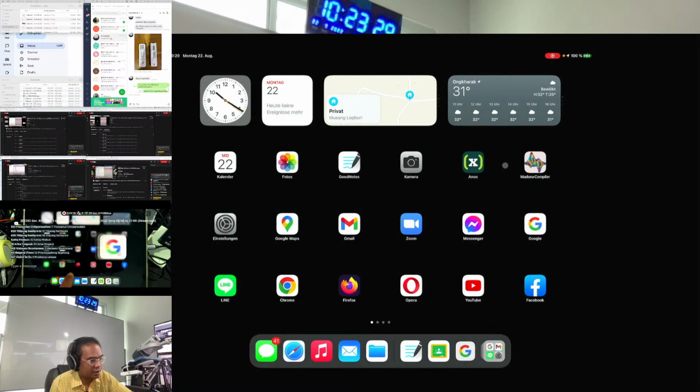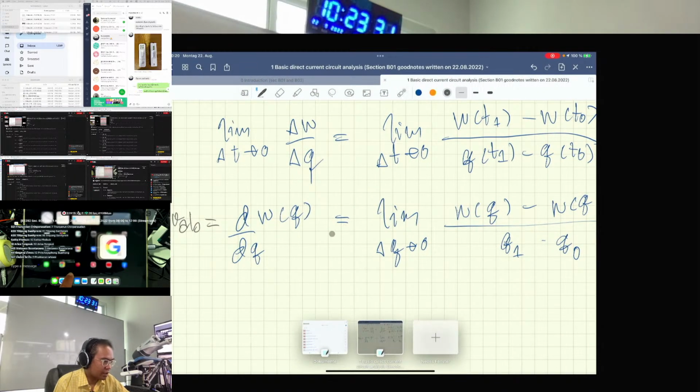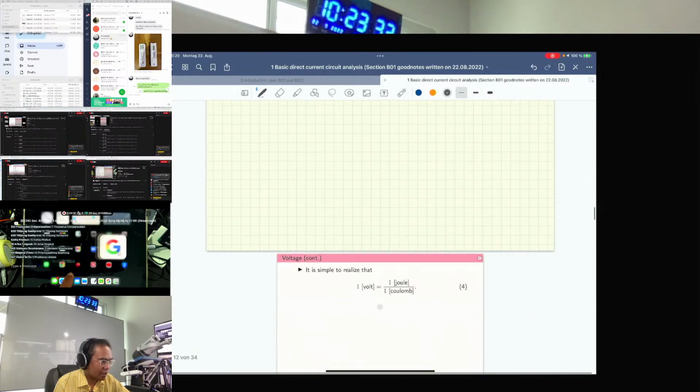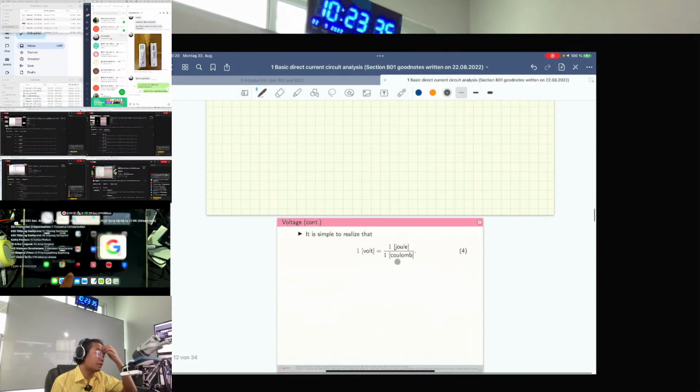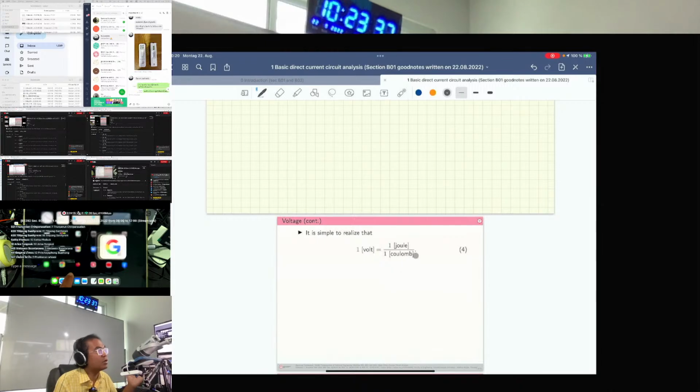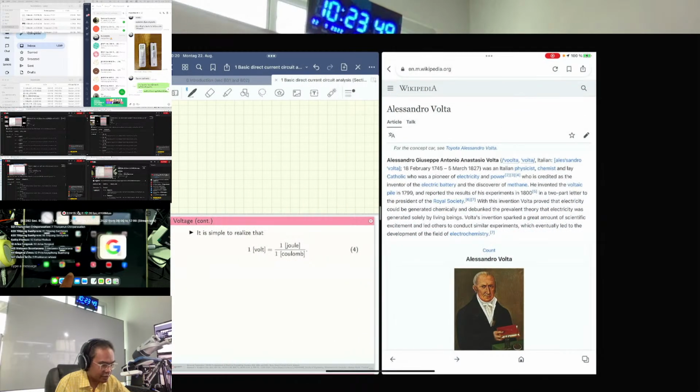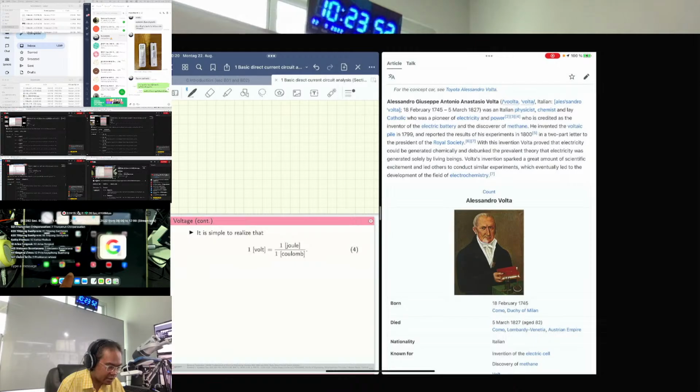Yeah, when he passed away, we won't say joule per coulomb anymore because it's too long. Okay, joule per coulomb takes a long time to say the whole word. We will simply give the dedication to Alessandro Volta. Okay, we give the dedication because he has done something good for us on Earth.